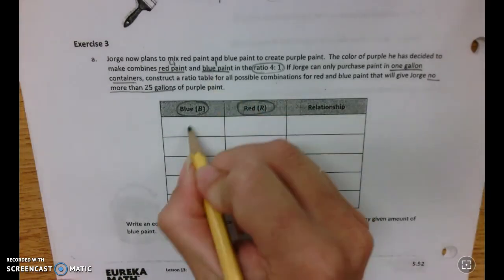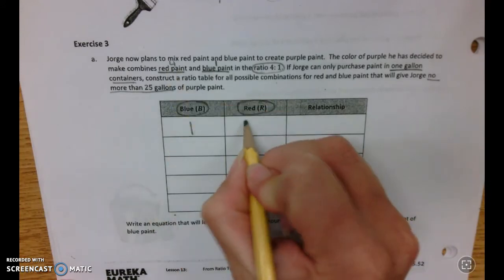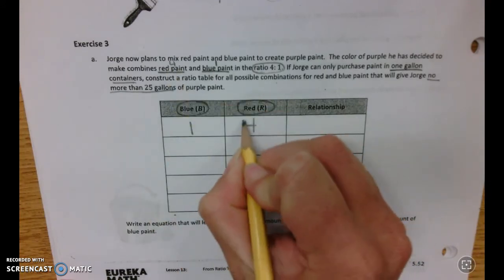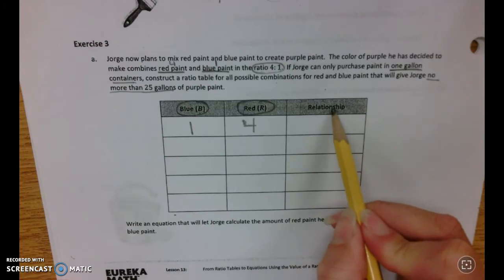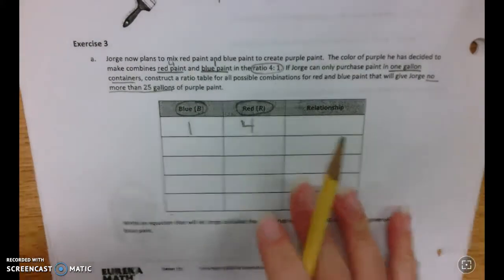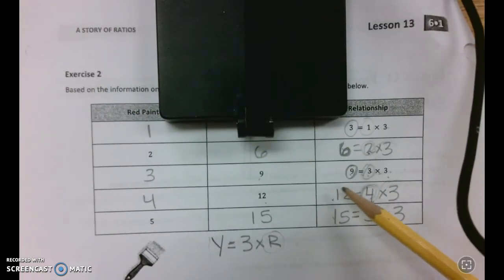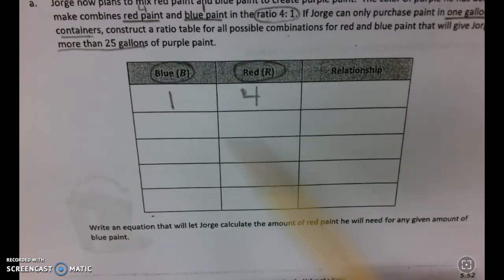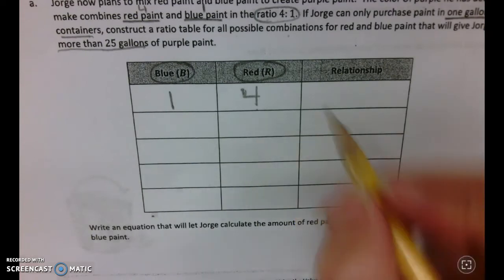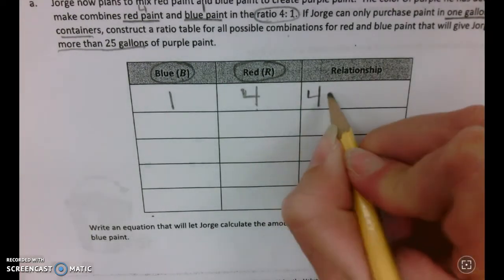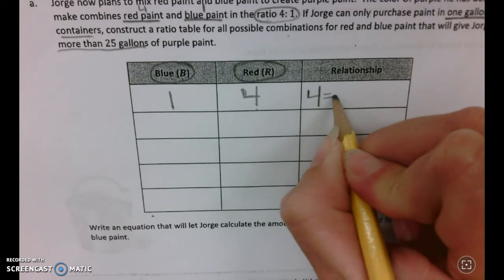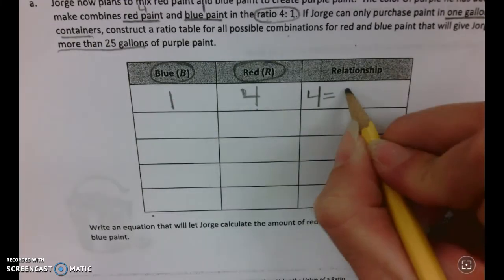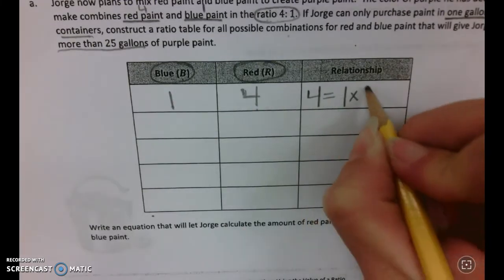So blue paint would be 1, red paint would be 4. Then I noticed they asked for a relationship. I can make a connection to our table up here where they asked us for the relationship in exercise 2 and kind of see what they want me to do for that part. So I know they're asking me what did I do to get 4. So 4, or my red paint, is equal to 1, my blue amount, times 4.